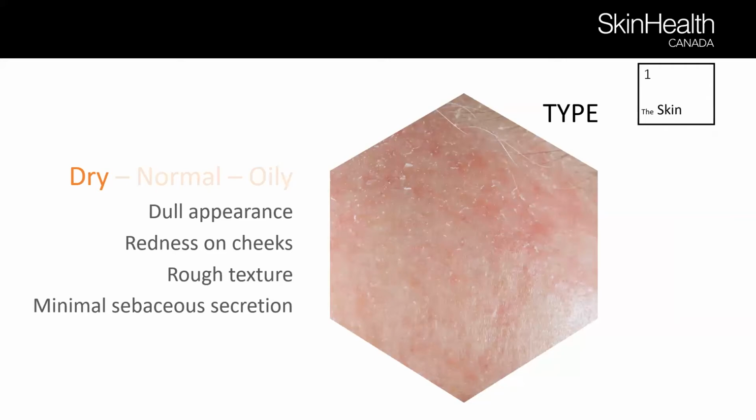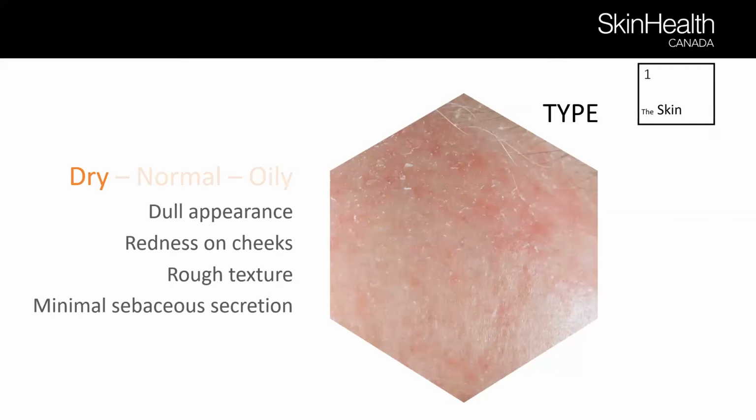This is the type of skin that you're born with. There are really three types of skin: dry skin, normal skin, and oily skin. Some people also call it combination skin, which is in between dry and oily, which we're framing as normal here. But those are basically your three skin types.